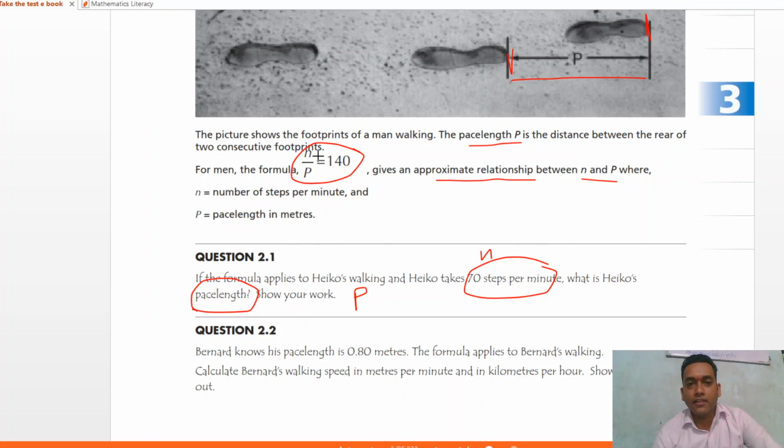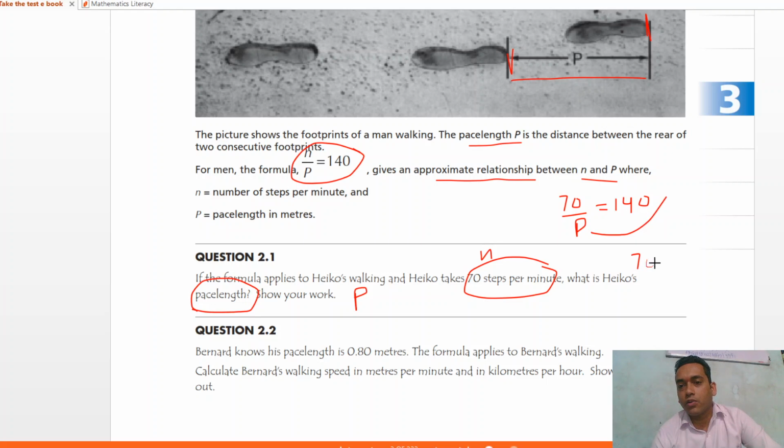So the formula says n by p is equal to 140. So n is 70, p is unknown, and 140, like this you can write. Now what we'll do, simple calculation, we'll take p towards the right side.